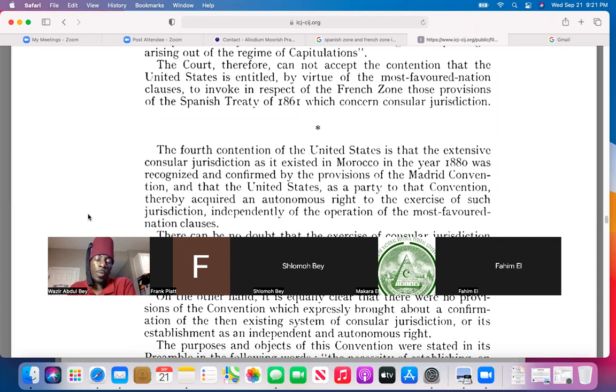And the consul general is not who heads the court. That's the other point. The consul general is not even the office that heads consular court. It's the chief judge, the Kazi, through the judicial branch.